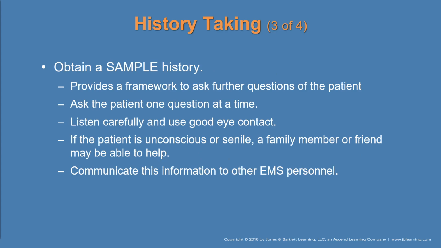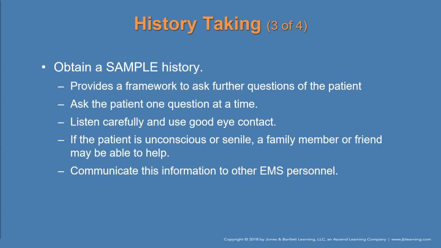So we're going to use this thing called SAMPLE history, and the SAMPLE history gives you a framework to ask questions about the patient. Some general tips here. We want to ask the patient one question at a time, and then give the patient time to answer that question, right? We want to listen carefully, use good eye contact, and use our active listening skills.